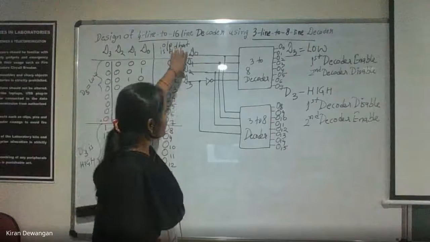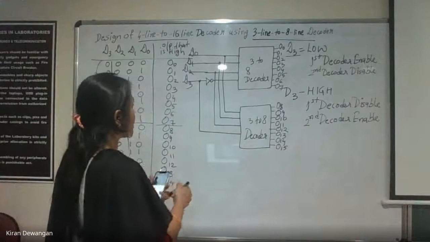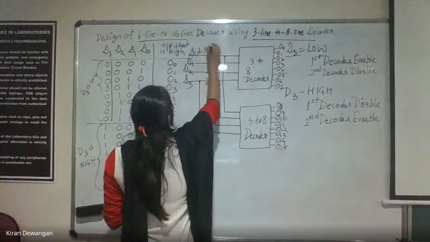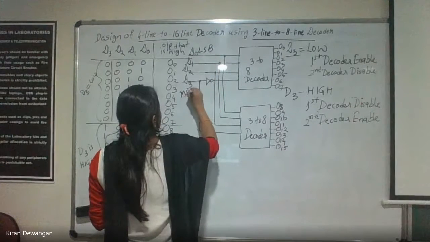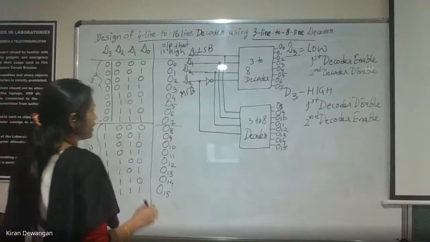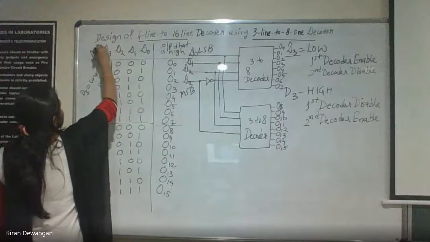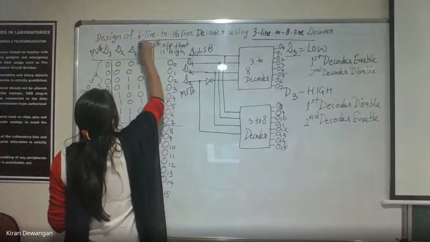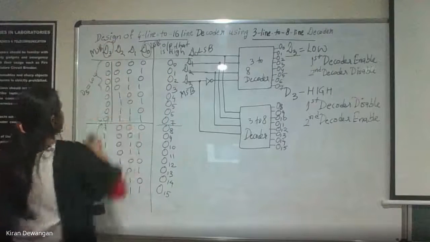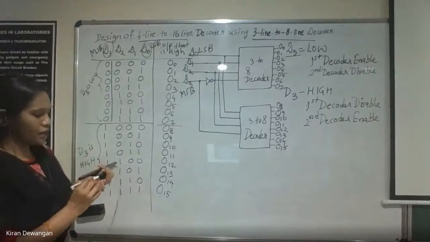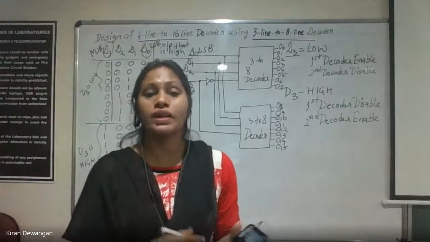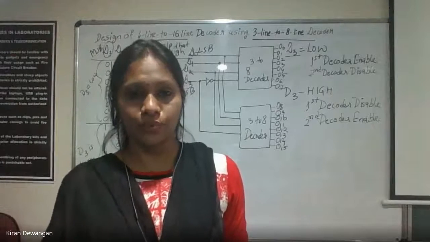Now the 3 inputs, these are my LSB and this is MSB. Don't forget to mention the LSB and MSB. This is LSB and this is MSB, and only the MSB is always taken as enable input.